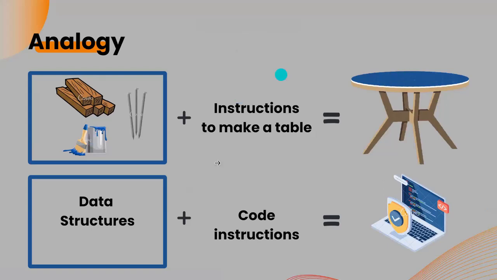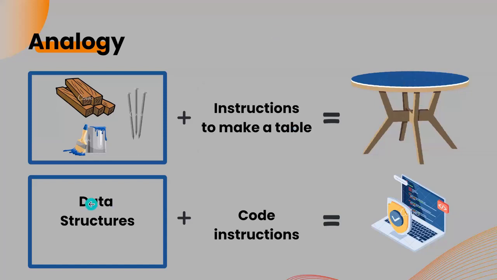And then we're going to apply some set of instructions on how to build a table, right? You need to assemble your tools and use the instructions for building a table and build this particular table, right?